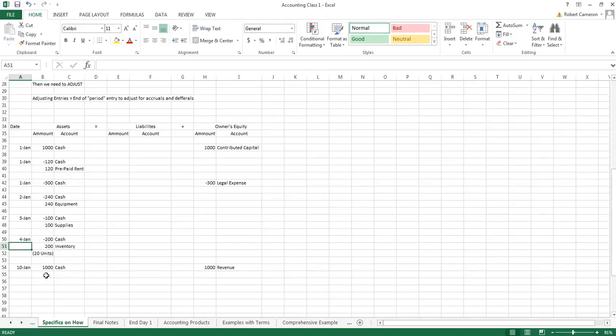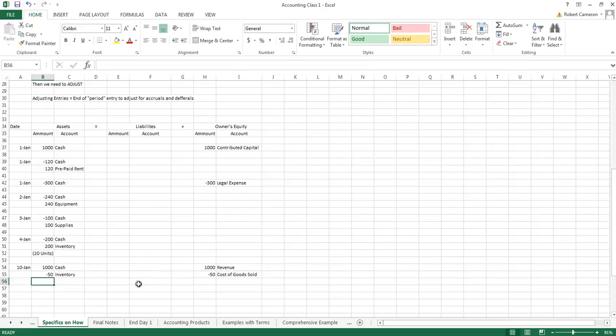So that is going to be $10 a unit. So we sold 5 units of inventory worth $10 each. So that means $50. Inventory goes down by $50, and over here, cost of goods sold.